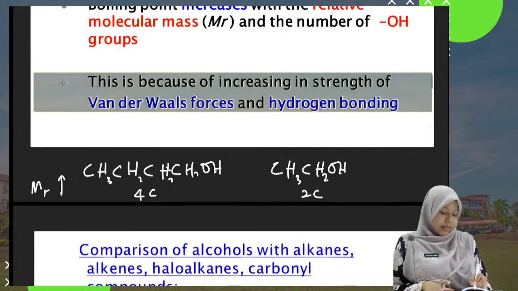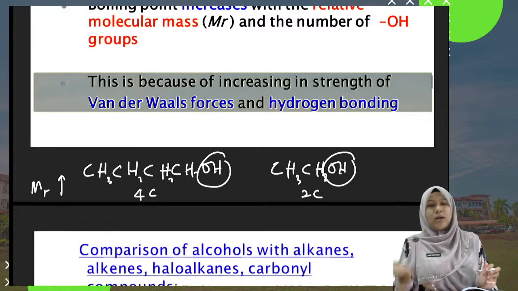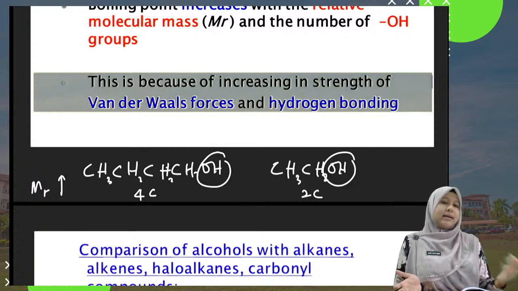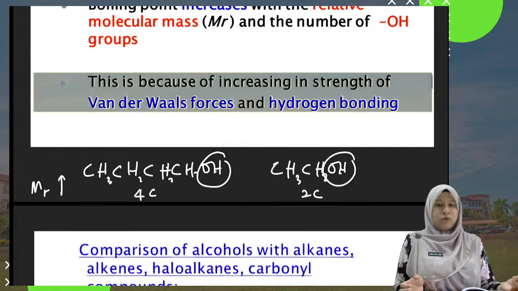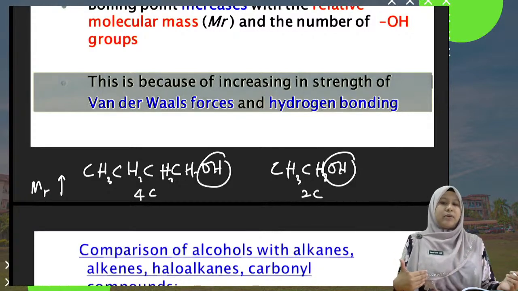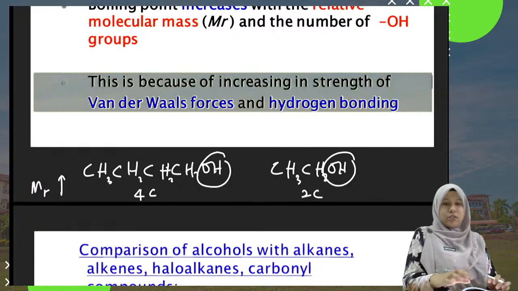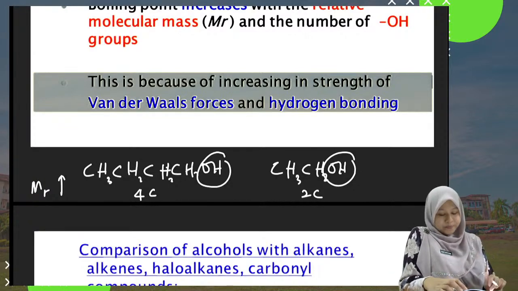Okay, so this time we compare with the same number of OH. For 4 carbon we have only 1 OH. For the second structure, we have 2 carbon, and also we have 1 OH. Okay, so the difference here is only between 4 and 2 carbon. So an increase in the number of carbon also increases the molecular mass and also increases the boiling point.